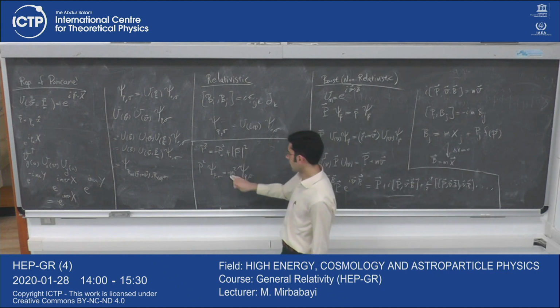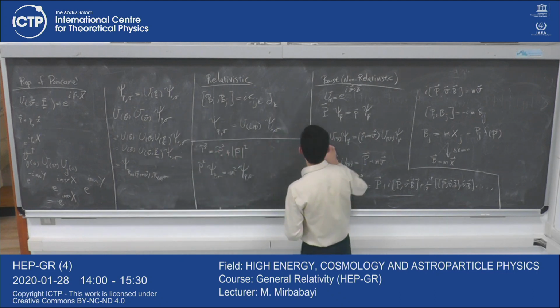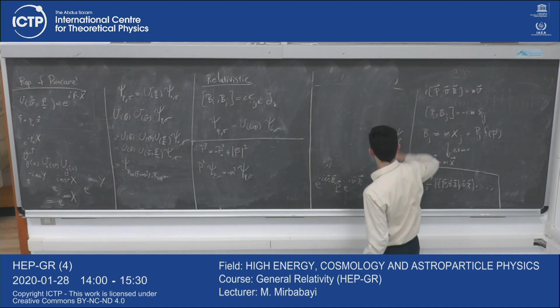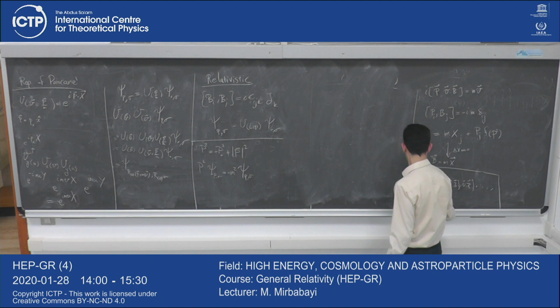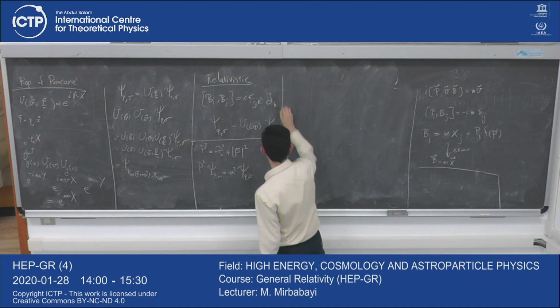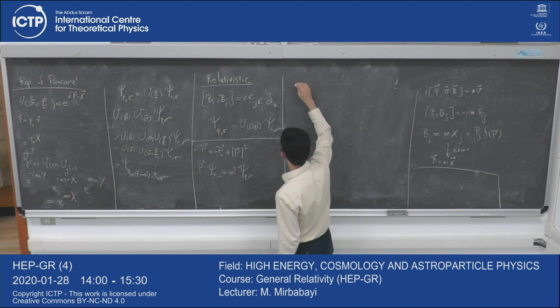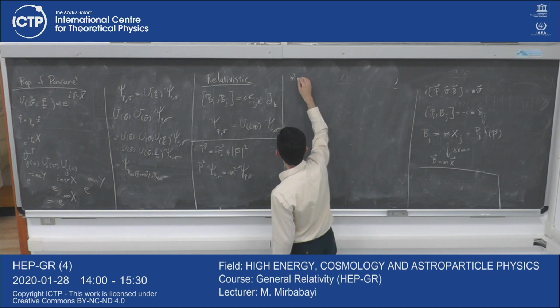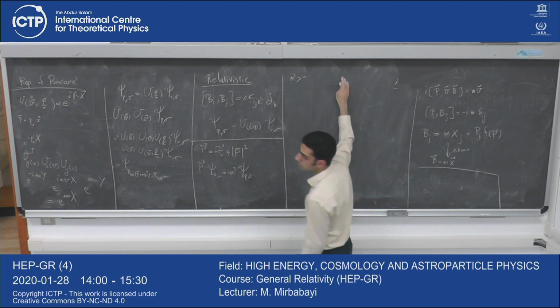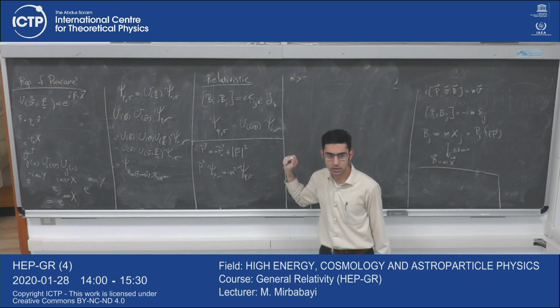So these representations are classified by the mass squared of the particle. And there are two cases to be considered. One is when m squared is non-zero and positive. So here we are dealing with massive representations.